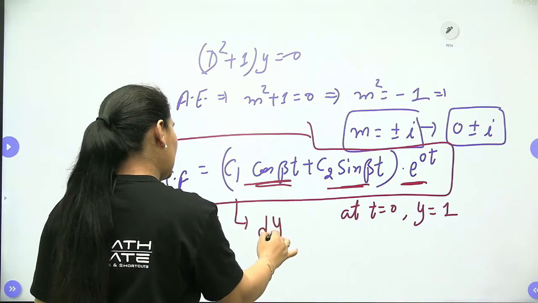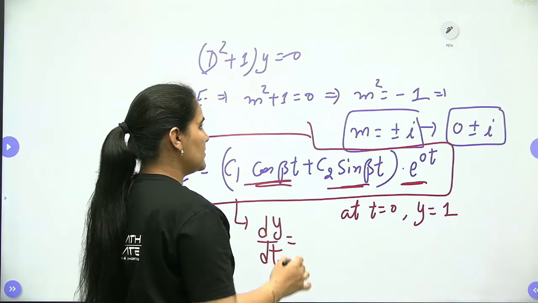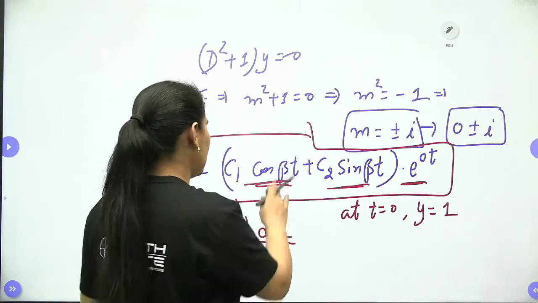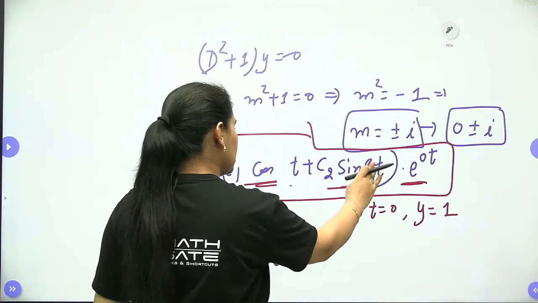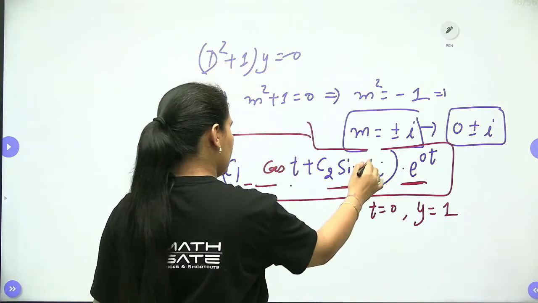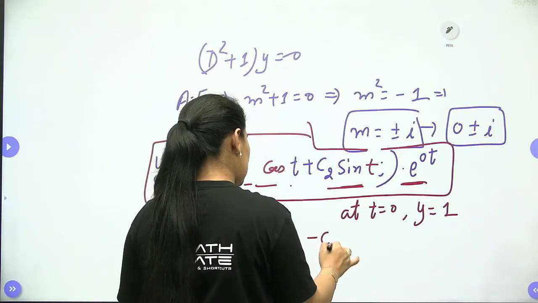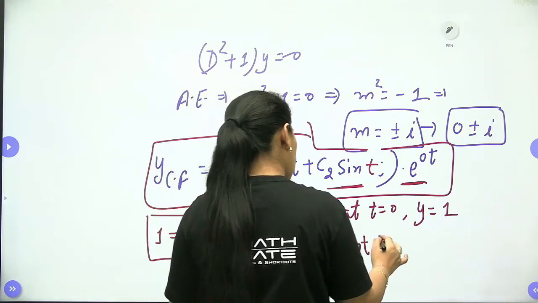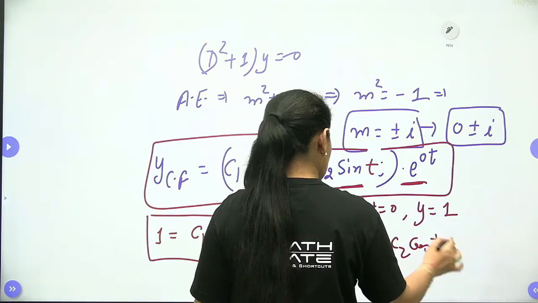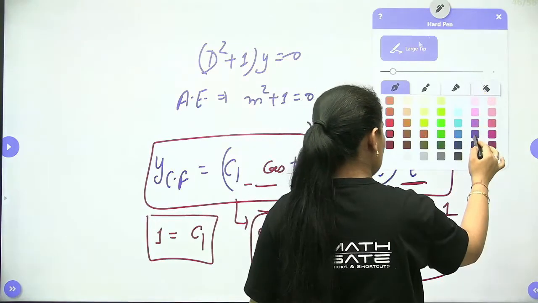The derivative, dy by dt, when we differentiate this one, it's not cos beta, it will be cos t only, because beta is 1. So it will be minus C1 sin t plus C2 cos t, right? So this will be my derivative, dear students.